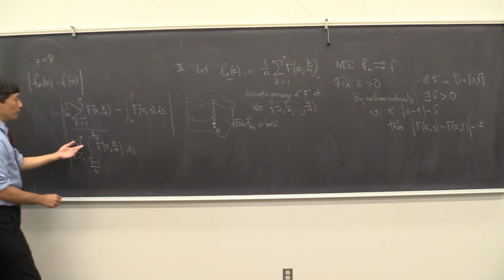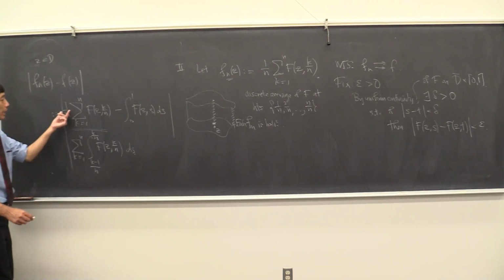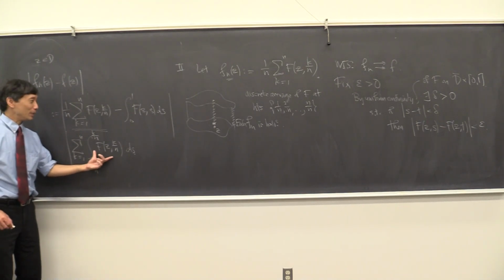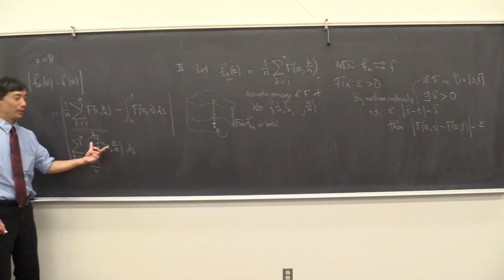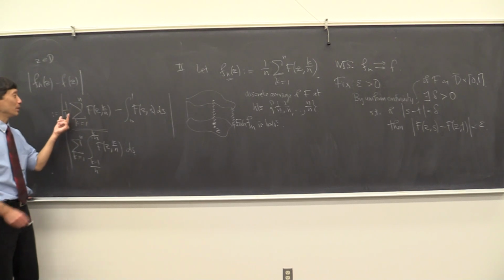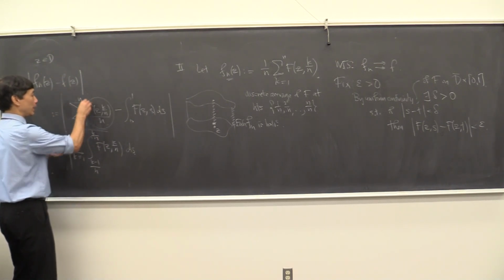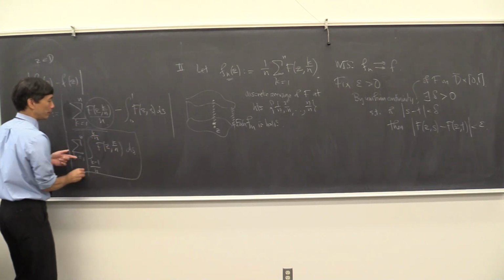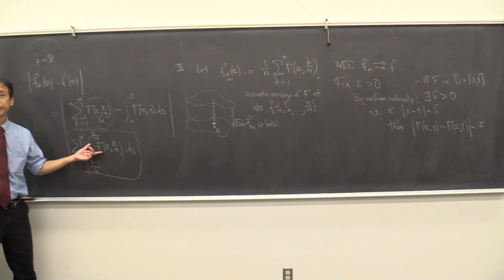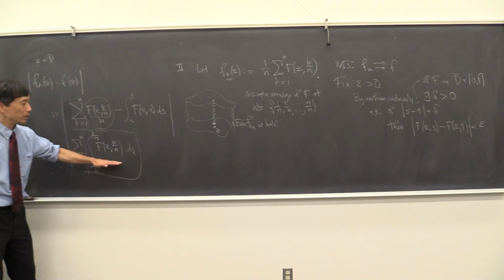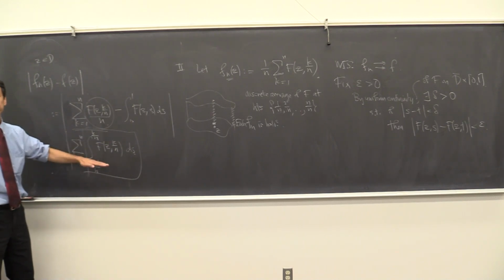That gives us a constant times 1 over n. So I'm just taking this term and rewriting it as this integral, because we're just integrating a constant over that layer.